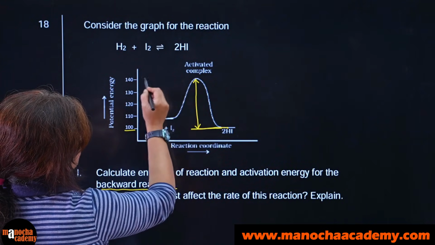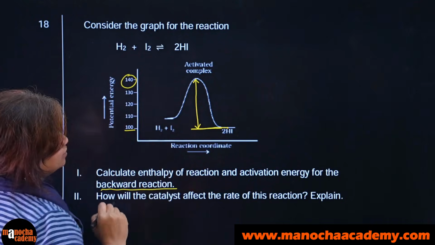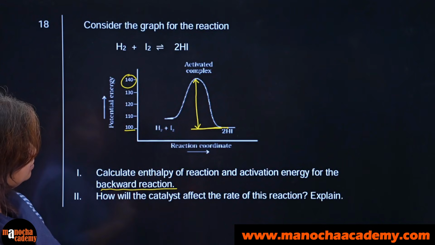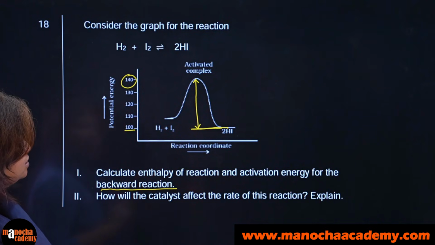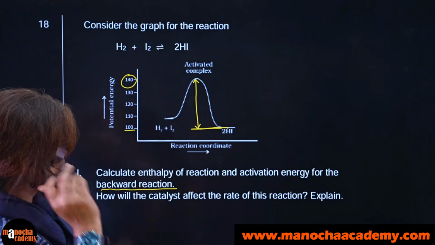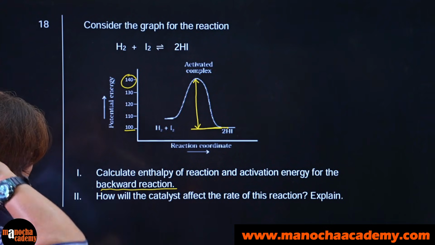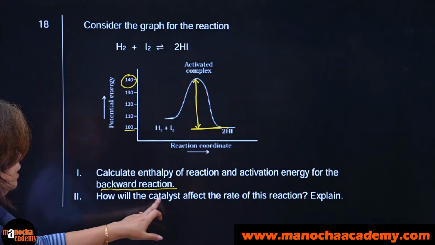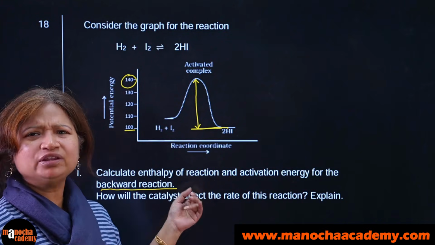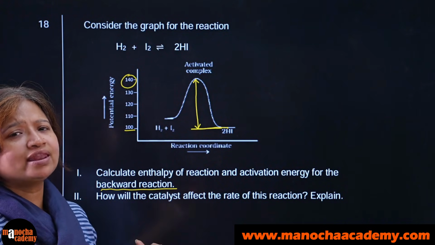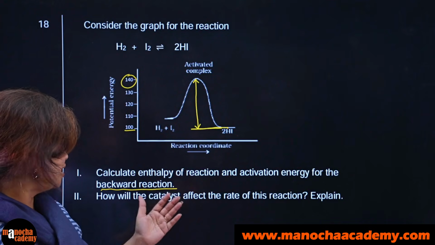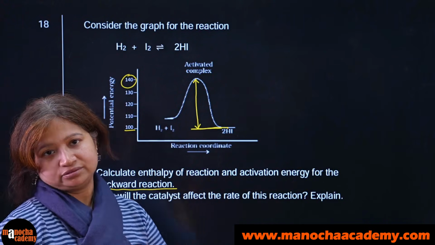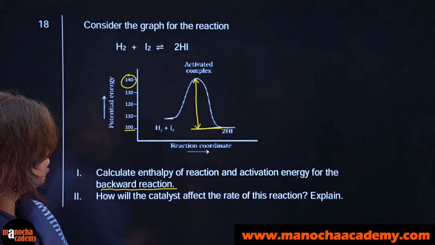So final minus initial energy we calculate like that: 140 minus 100 becomes 40, right? And how will the catalyst affect the rate of this reaction? We know that the catalyst will lower the energy of activation, and as such will increase the rate of the reaction. That's it.